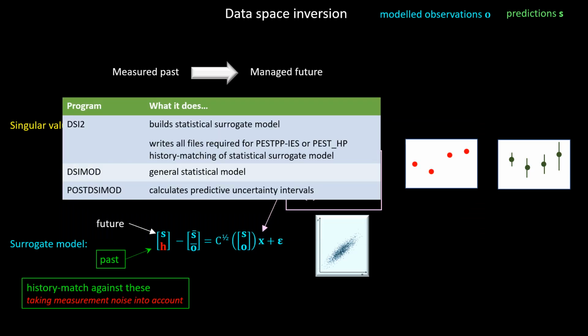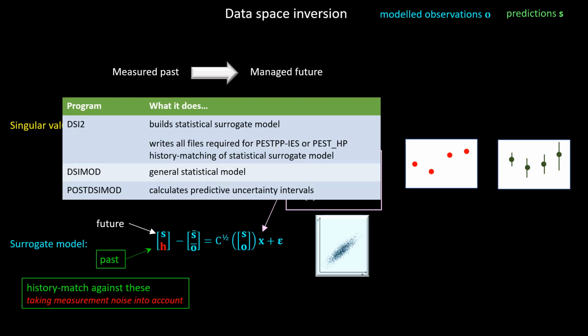The PEST suite provides 3 programs which allow us to implement this option of data space inversion. A program named DSI2 builds all the files we require for history matching. It builds the surrogate model and all the files that we require for history matching of that surrogate model.